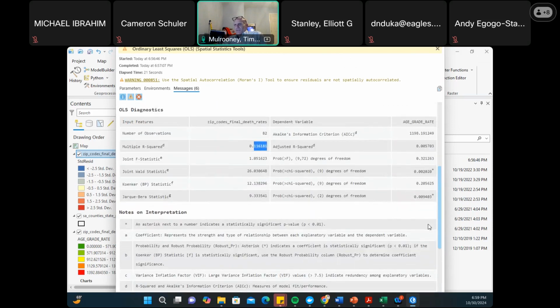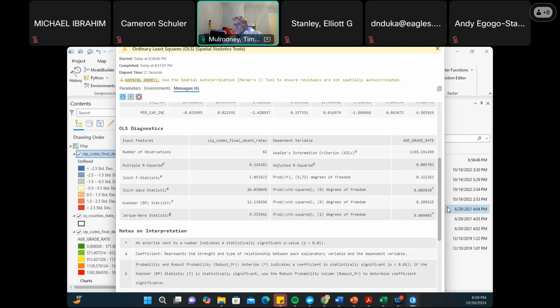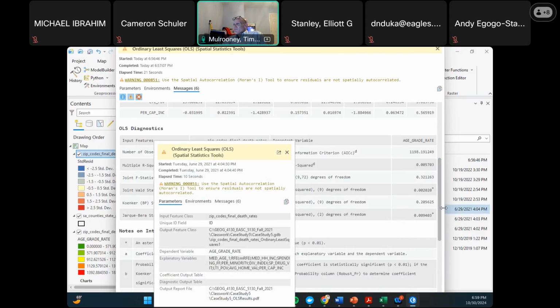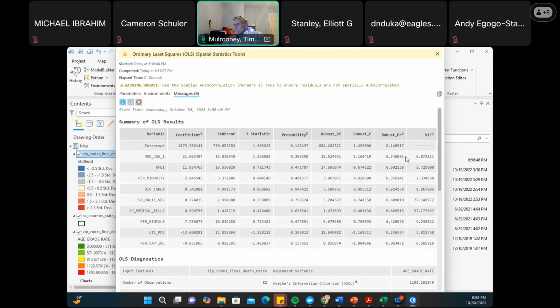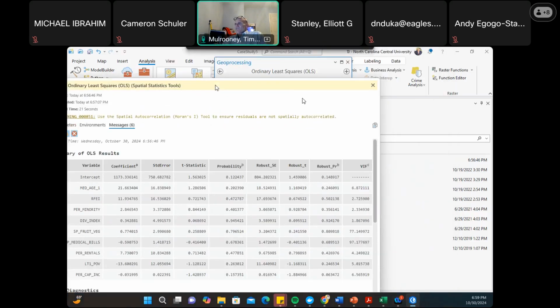What does it say here? An asterisk indicates statistically significant, P less than 0.01. So probability, robust probability right here. What do we see here? Do we see anything less than 0.01? No. So I've thrown this into a model and it's gotten really not very good, to be honest with you. I've got the y-intercept, median age.